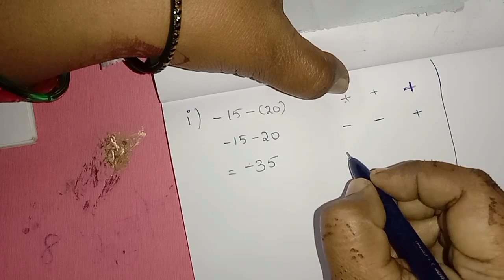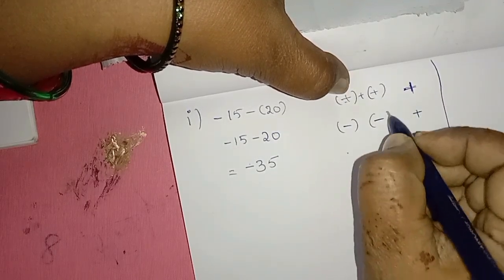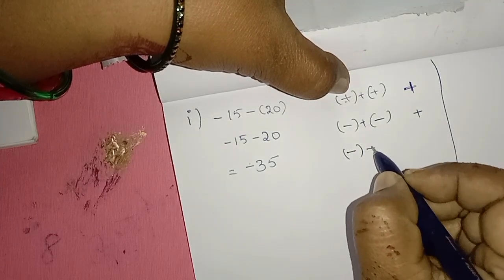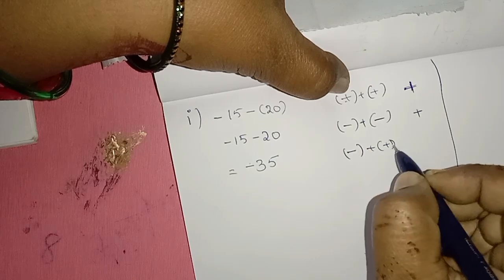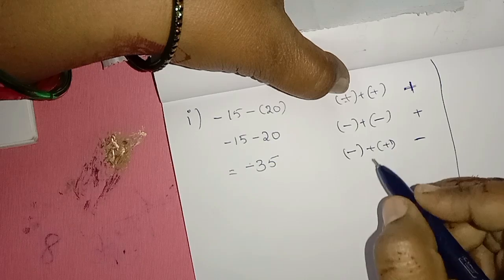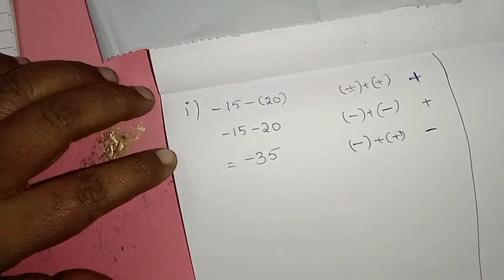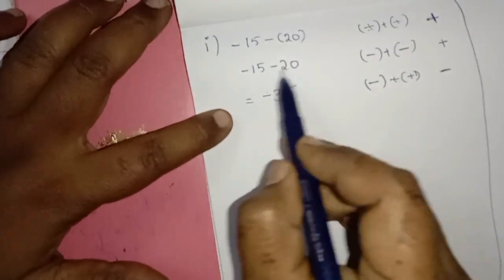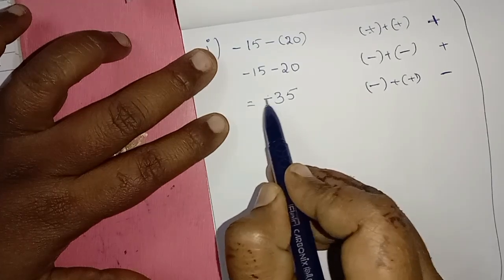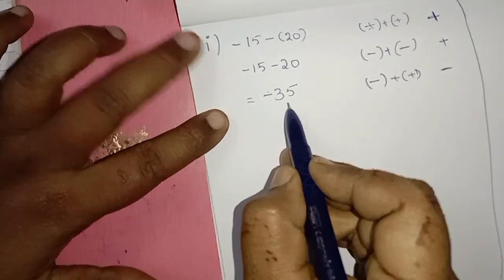If there is one negative number and one positive number, you have to do subtraction, and the number that is greater decides which sign to apply. Here we have two negative numbers, so add them and keep the negative sign. So it is minus 35.